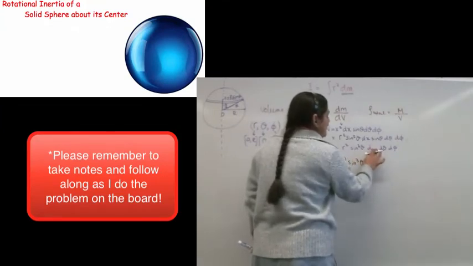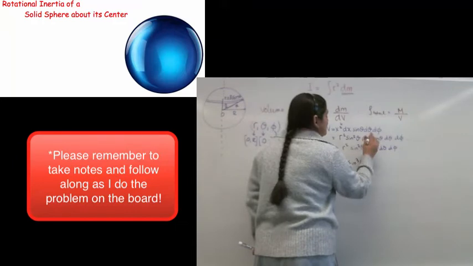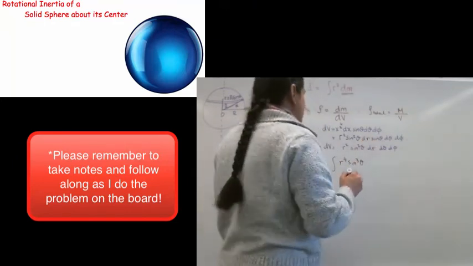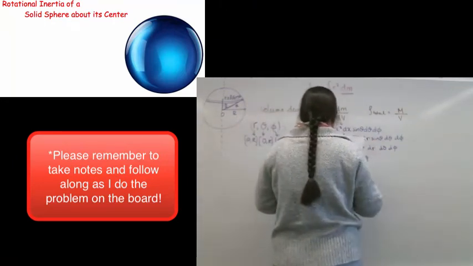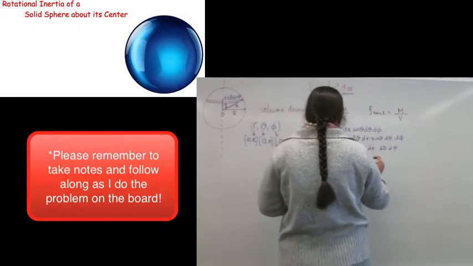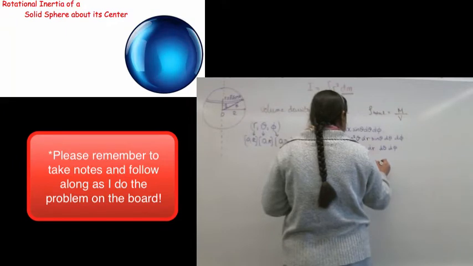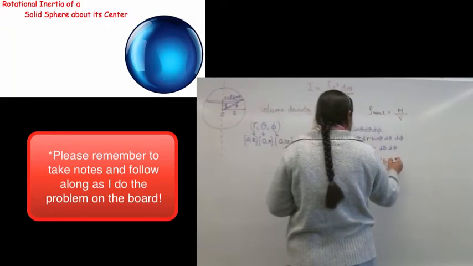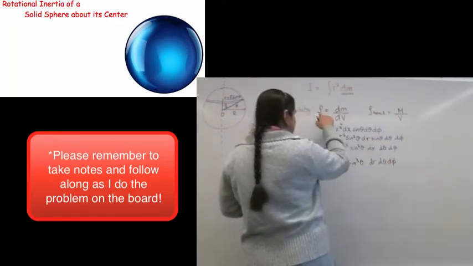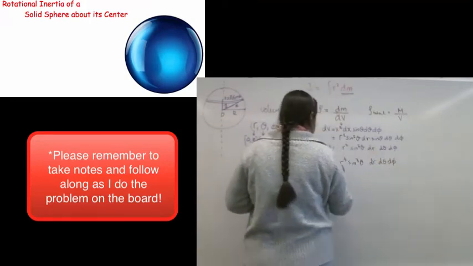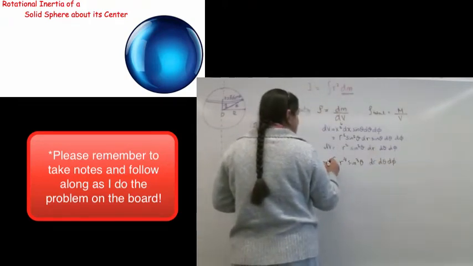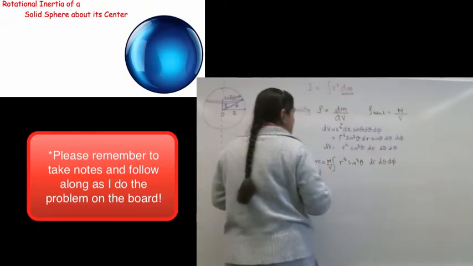Oh, this should be an r now, right? So please make sure you correct that, right? This is going to be sine cubed theta dr d theta d phi, plus this rho, which I'm going to take out as m over v.